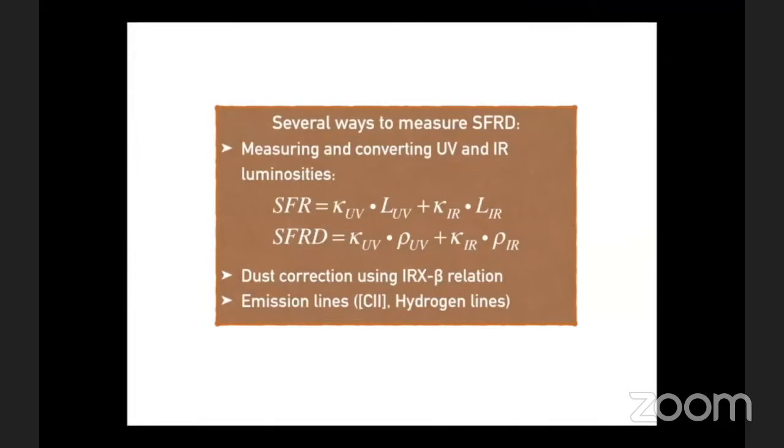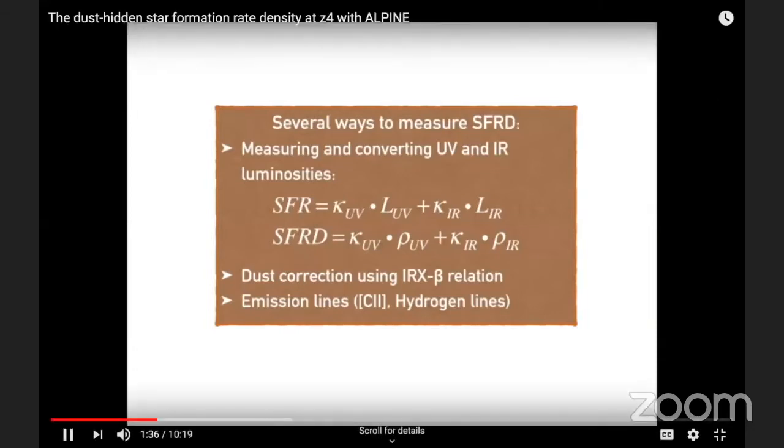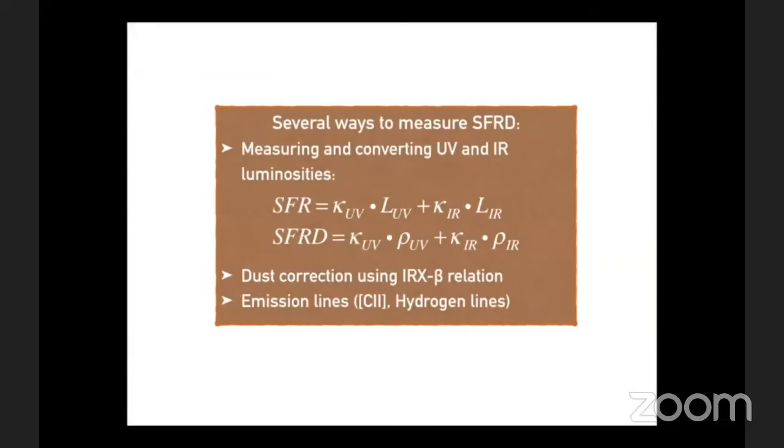If we know the UV luminosity density and infrared luminosity density, we can easily derive the star formation rate density as a sum of these two contributions, using some conversion factors. However, we don't always have information about the infrared luminosity, and therefore we can use dust corrections or emission lines.